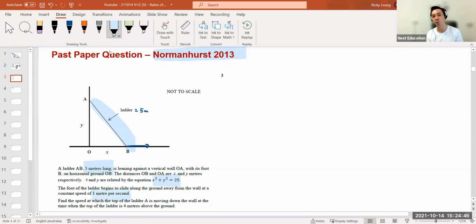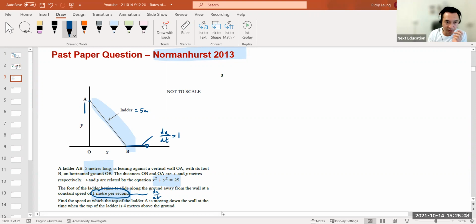Now, what does that mean? It means the distance of x is changing over time. In other words, this guy, 1 meter per second, represents dx dt, because it's a change in x over time. That equals 1.